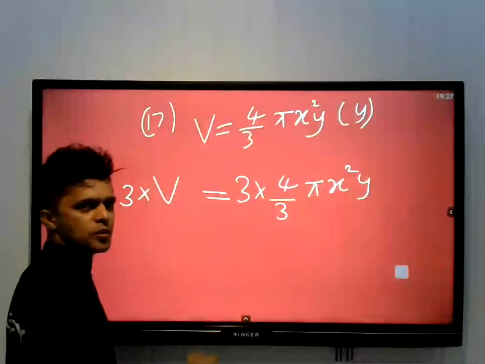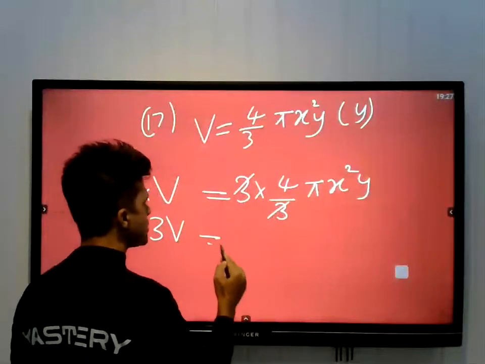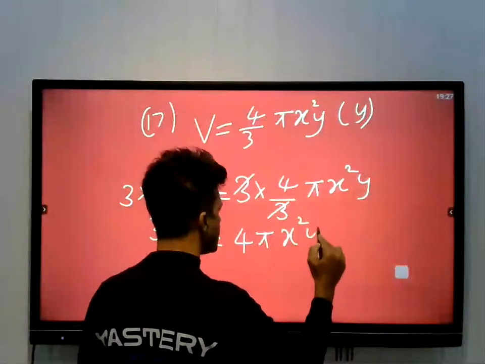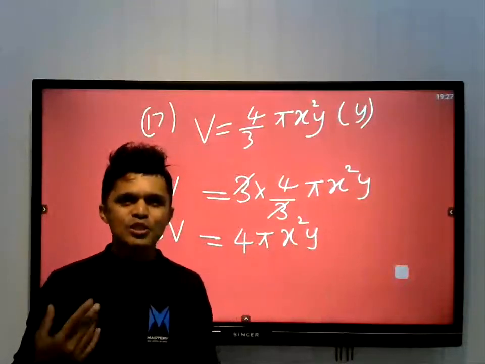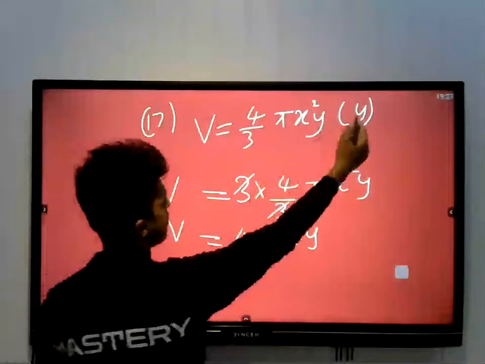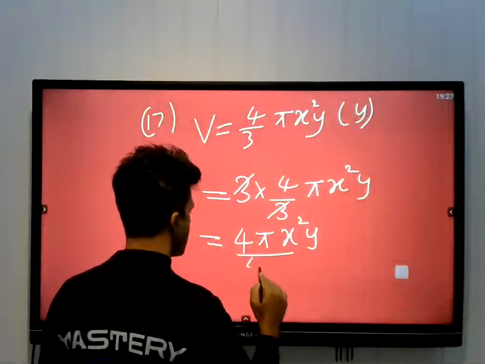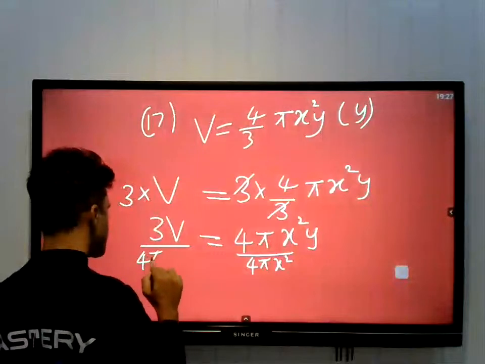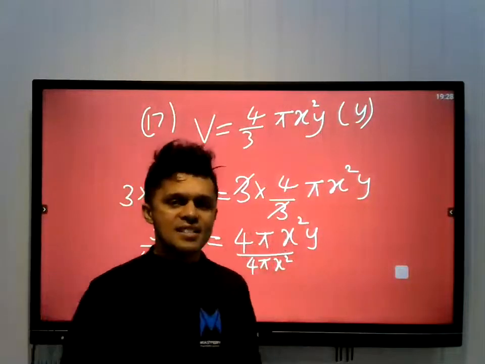So this 3 and this 3 can be cancelled out. 3 into V is 3V equals 4 5 x squared y. Now here you could see 4 as well. Our aim is writing the term y as the subject. You need to divide both sides by 4 5x squared. The reason: here multiplication, therefore we could divide.